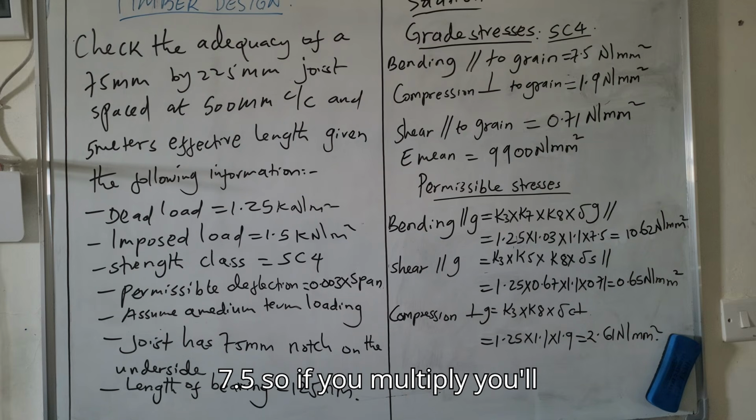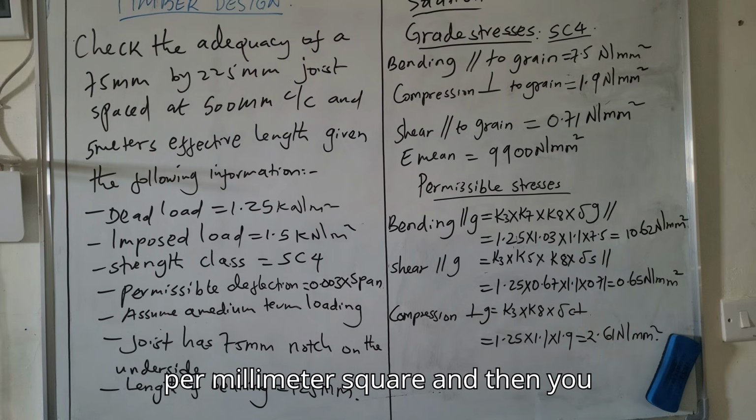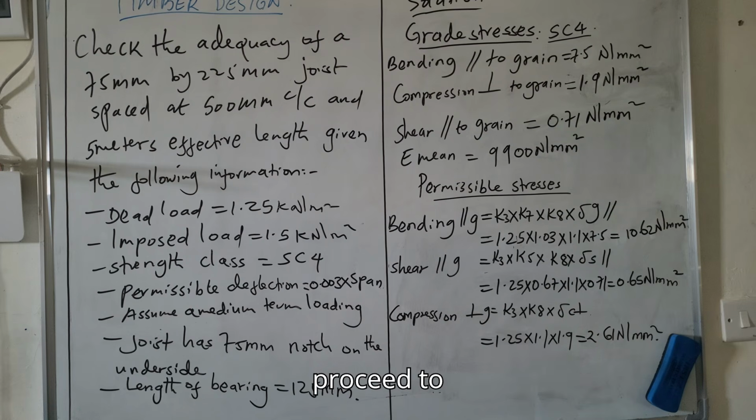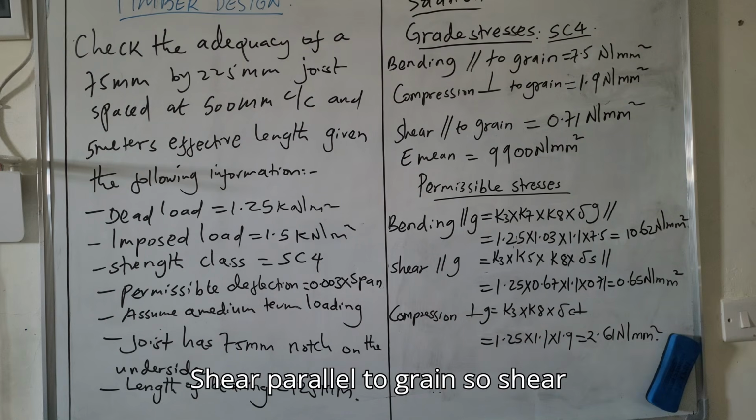So if you multiply, you will get 10.62 Newton per millimeter square. And then we proceed to shear parallel to grain.